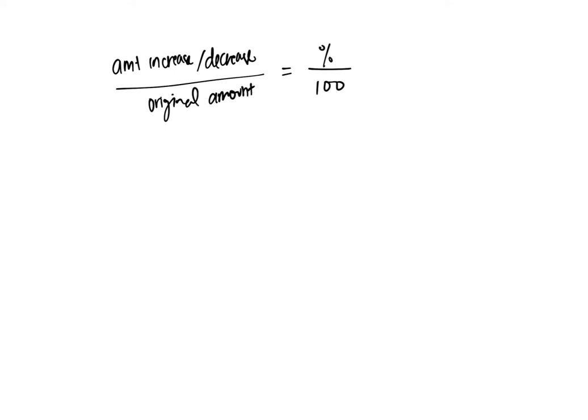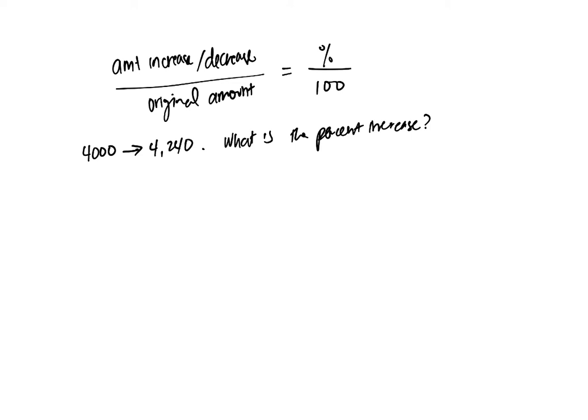The University of Guam enrollment increased from 4,000 to 4,240. What is the percent increase? So to find this, I'll have to find what the increase was.